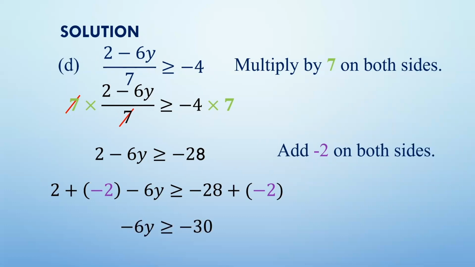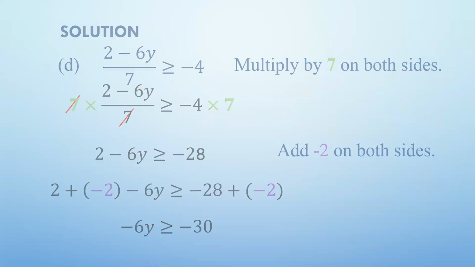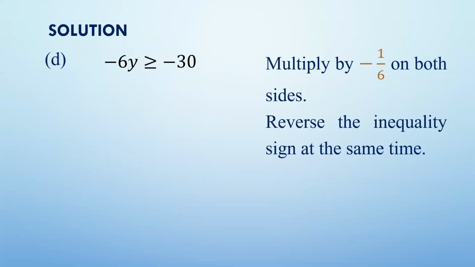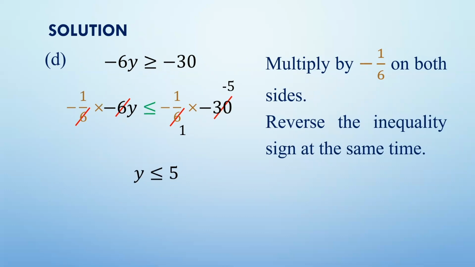And I get minus 6y greater than or equal to negative 30. We now multiply by negative 1 over 6 on both sides, and we reverse the inequality sign. We get finally y less than or equal to 5.